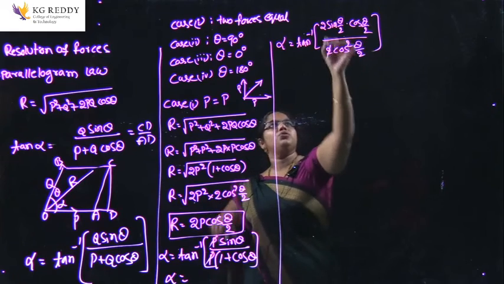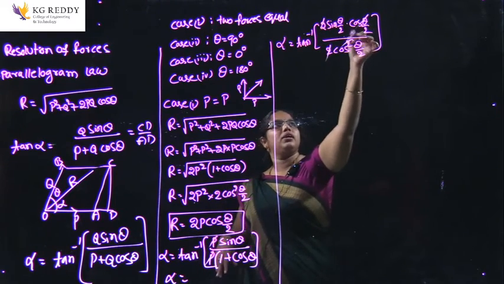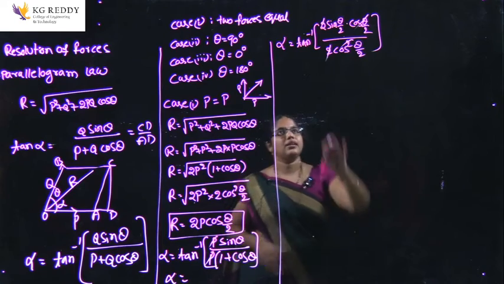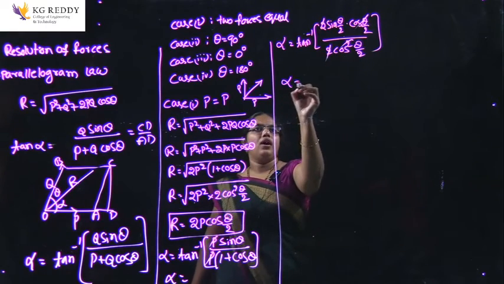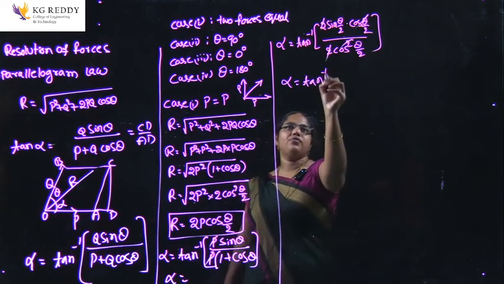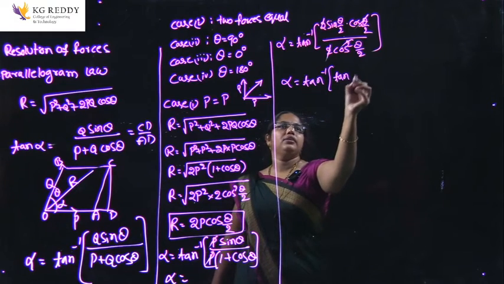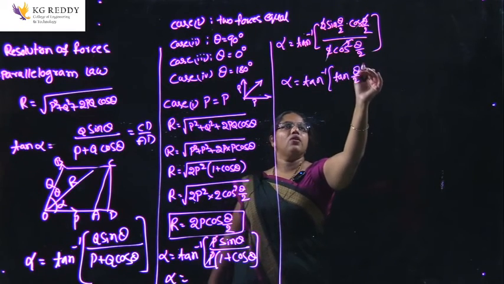From this, the 2 will get cancelled, and cos theta by 2 will get cancelled, leaving sin by cos. Therefore, alpha equals tan inverse of tan theta by 2, since sin by cos is tan.